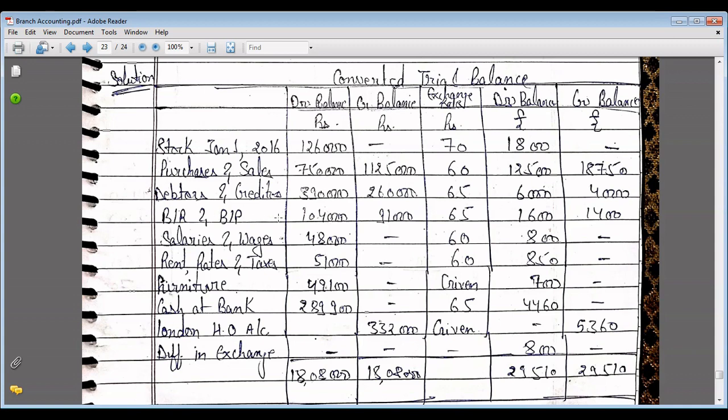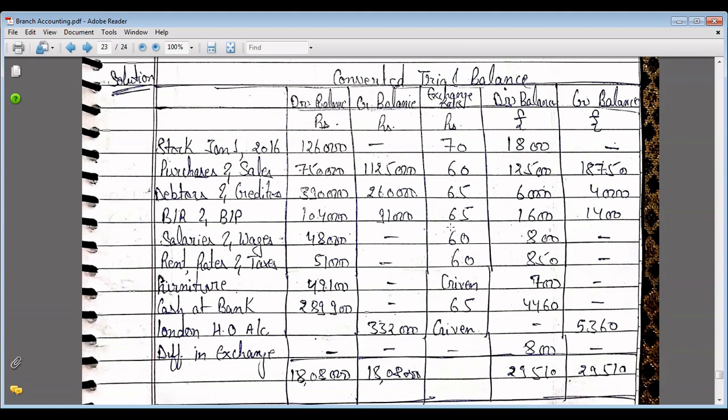Same as BR and BP, that is bills receivable and bills payable, that is given in rupees 1,04,000 and 91,000, and we will convert it by the closing exchange rate, and we get 1,600 pounds and 1,400 pounds. Then salaries and wages, 48,000.